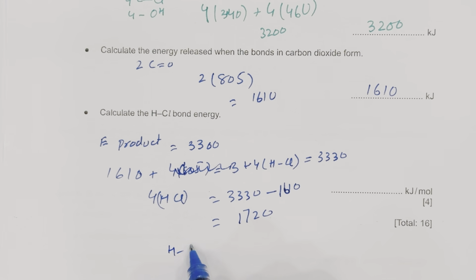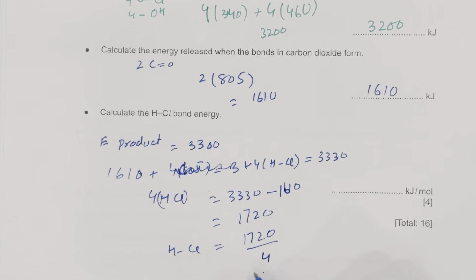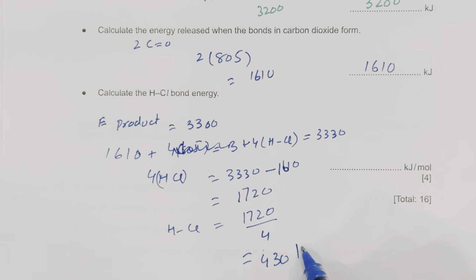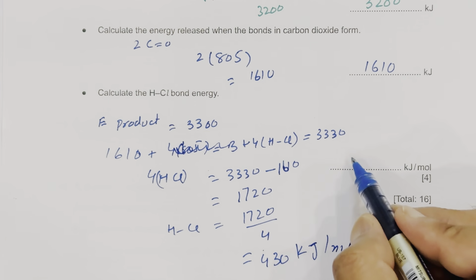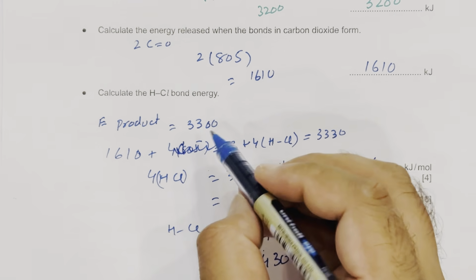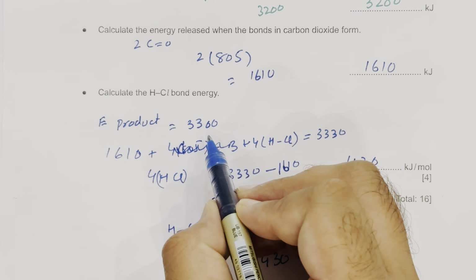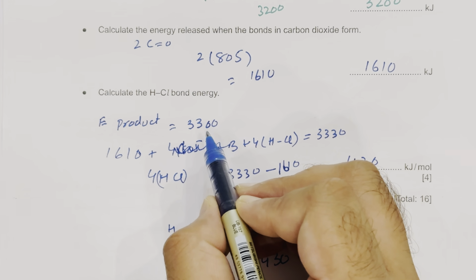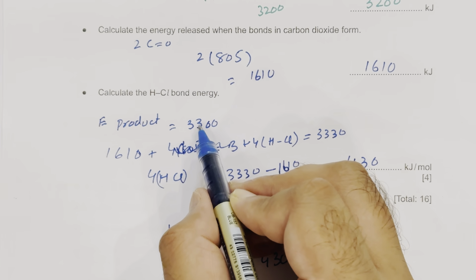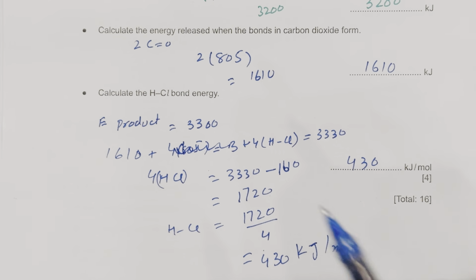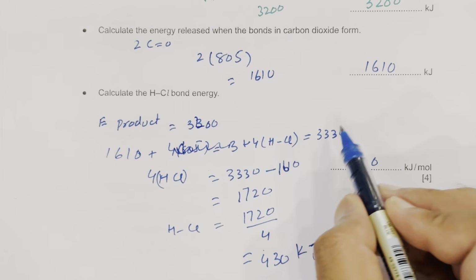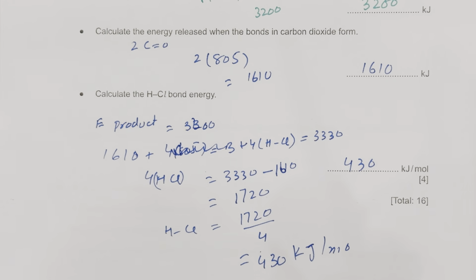Now dividing 1720 by 4, we will get 430 kilojoule per mole. So I'm going to write 430. The product has the energy of 3, then plus 130 equal to 330.